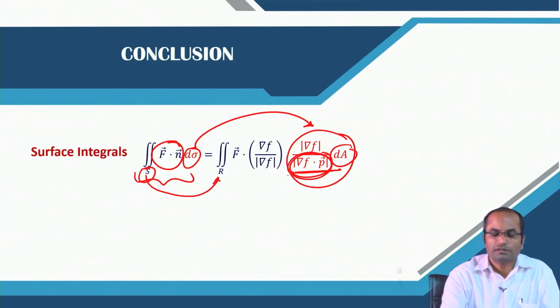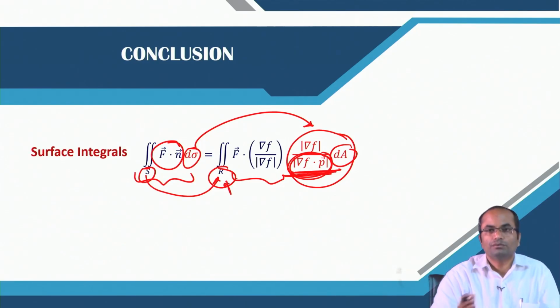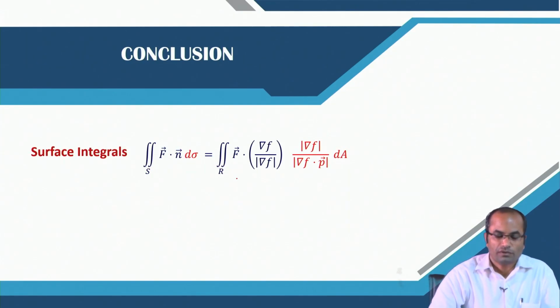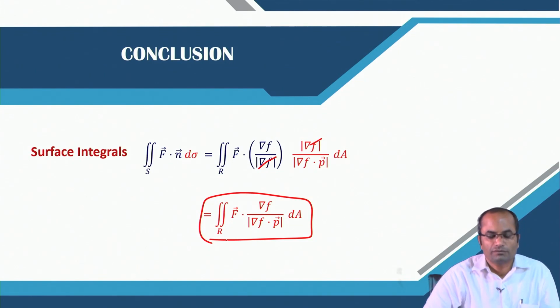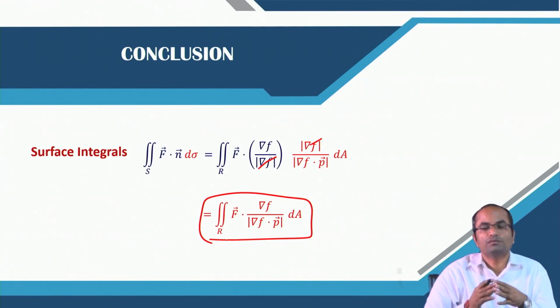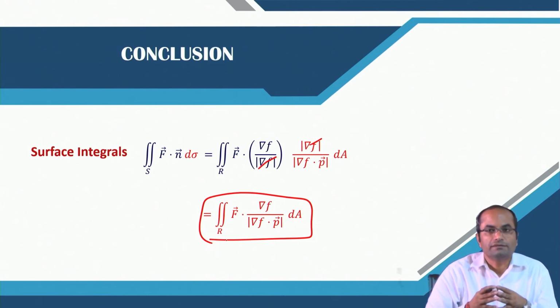So, we have to see which one is convenient. Then this surface integral is converted to a simple double integral, which we studied already, and this simplification leads to another simple formula which can be used for surface integrals.